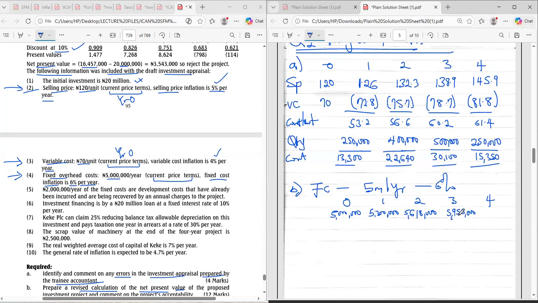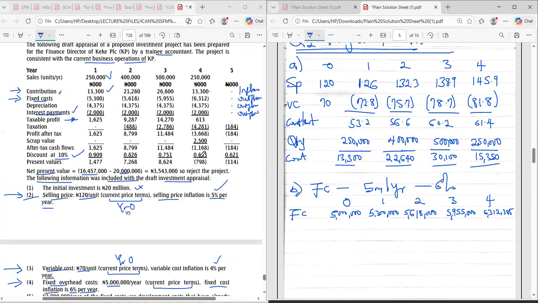Help me with the last one. 6,312,385. Yes, 385. All right, so this is what the fixed cost should be.